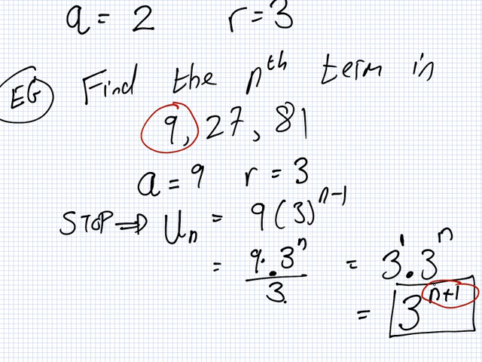What's 3 to the power 2? It's 9. For the next one, the second term, I put in 2. 3 to the power 3 is 27. So it does work here. This is the answer, although for exam purposes, they don't usually care if you simplify. So you could also just give this as the answer. Both are fine.